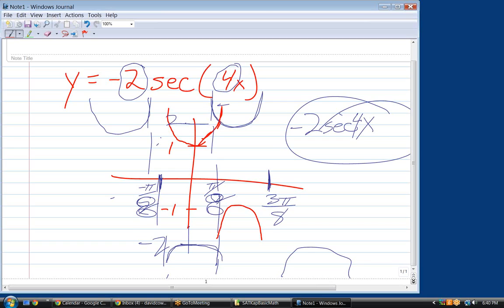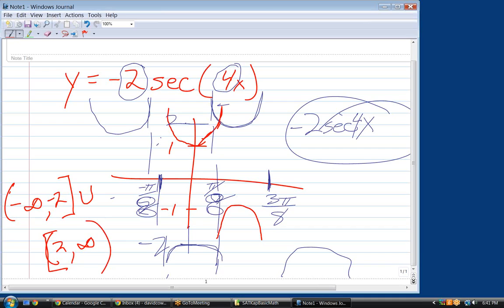What's the range? Numbers that are greater than 2 and numbers that are less than negative 2. So negative infinity to minus 2. If I wanted to do it in interval notation, it would be negative infinity to minus 2 bracket, combined with 2 bracket to infinity, like that.